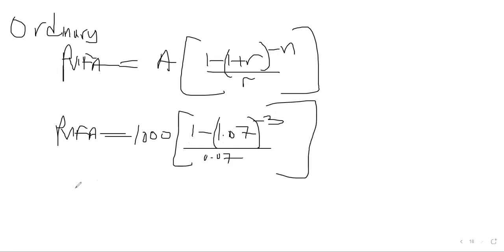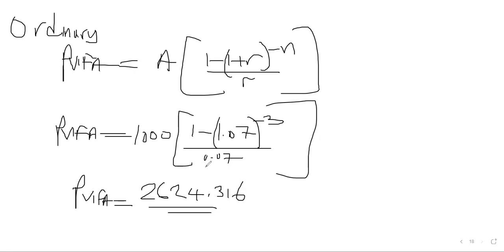So the present value interest factor annuity is going to give us 1 minus 1.07 to the power negative 3, divided by 0.07, multiplied by 1,000. So it's giving us 2,624.316. If it is a present value interest factor annuity due, it carries an extra interest.